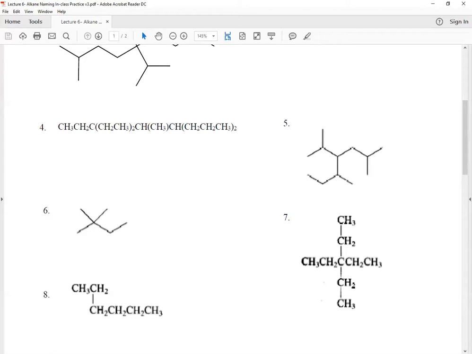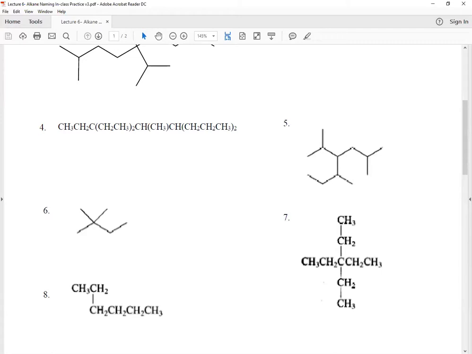The top right corner down to the bottom. 1, 2, 3, 4. 1, 2, top right. 3, 4. Top right. Good call. Didn't count all my options. See, I would have got a point off. So yes, that is correct. 1, 2, 3, 4, 5, 6, 7. You're right. Okay, so let's name all our substituents.